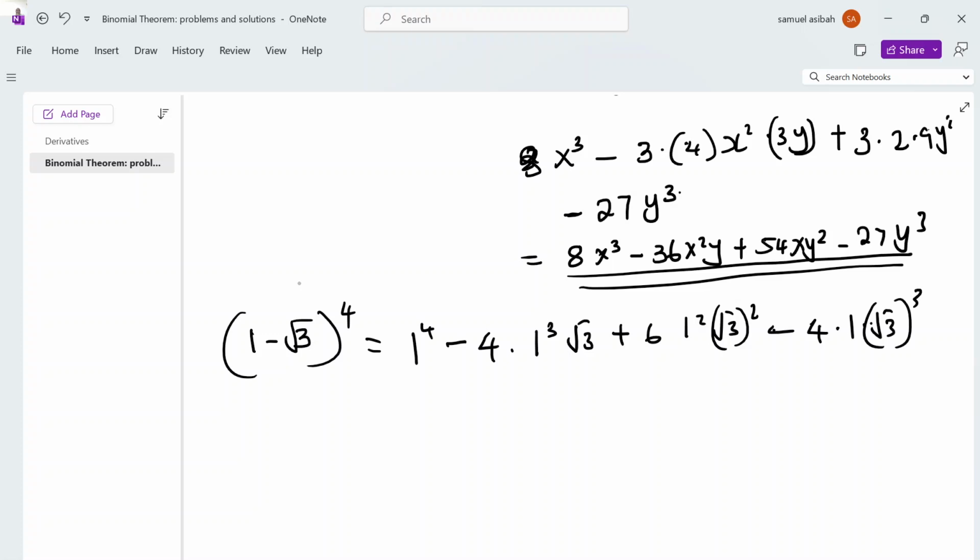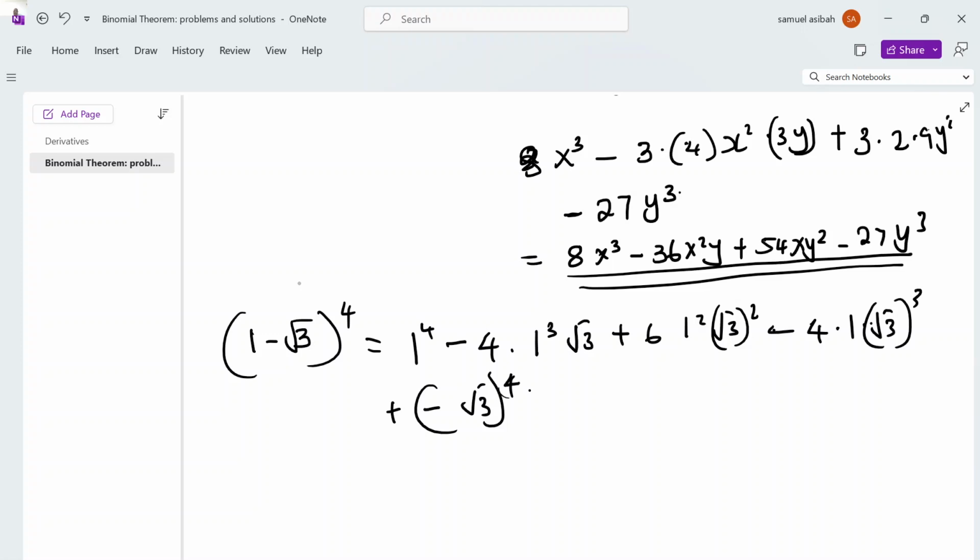But now we have already changed the sign. So finally, we have minus root 3 raised to 4, which now becomes positive. The sign keeps on alternating. This one now will be positive because this is an even power. An even power makes it positive.